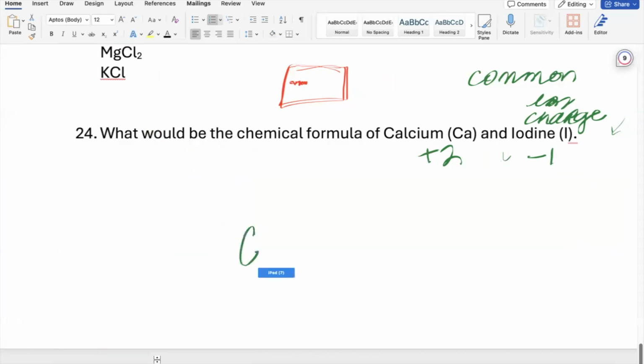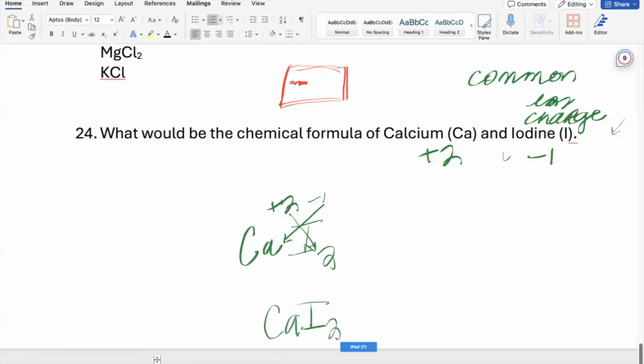So calcium, Ca, has a plus charge, and iodine has a -1 charge. To flip the charges, iodine would take on a subscript of 1, which we don't explicitly write out. And then calcium would take 2, so it'd be CaI2. That would be the correct formula for calcium and iodide together.